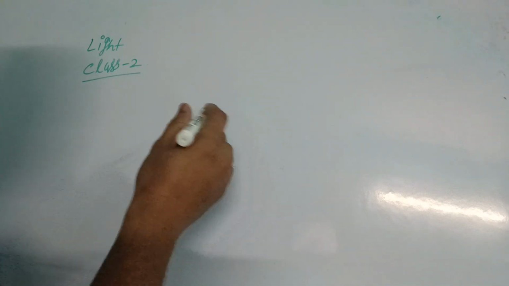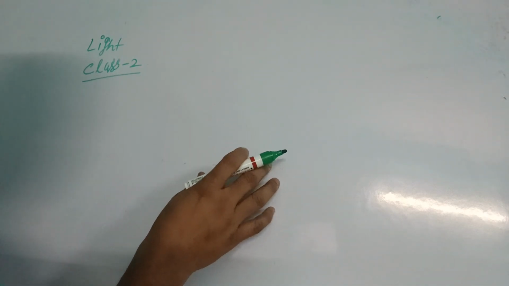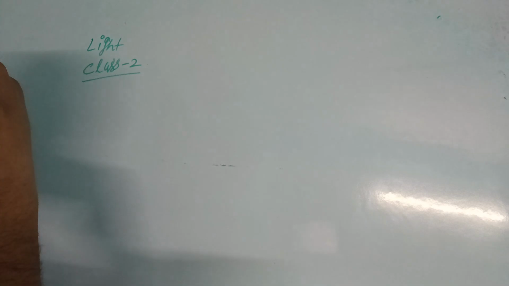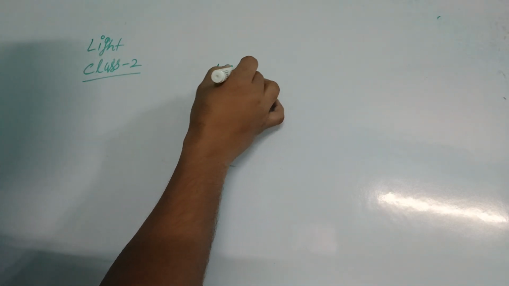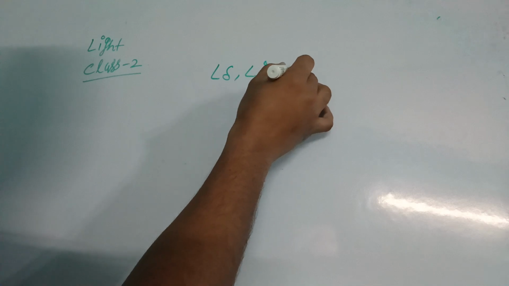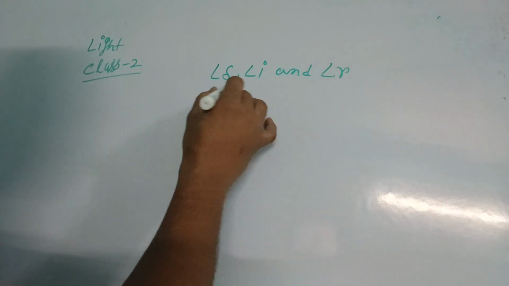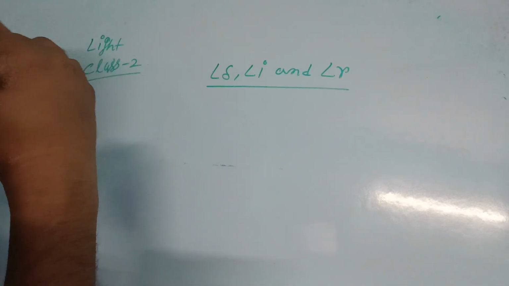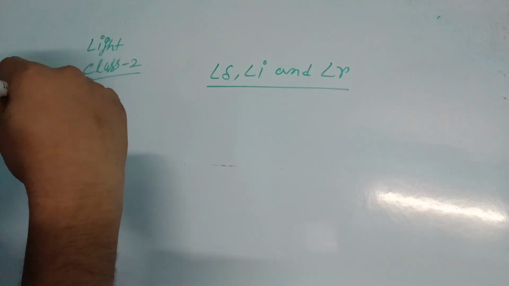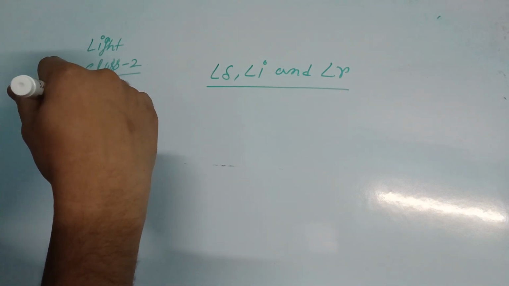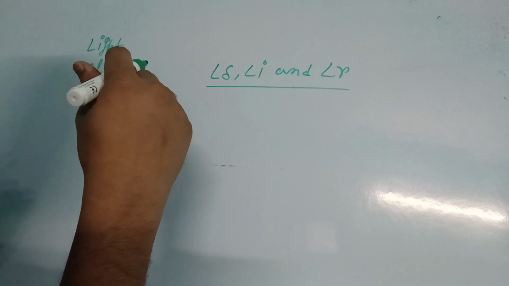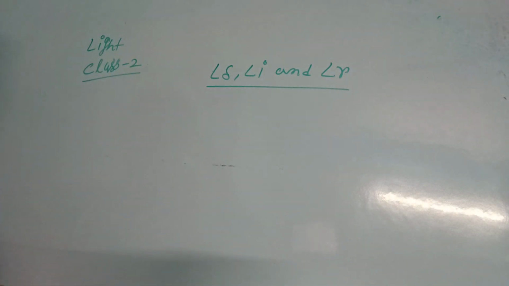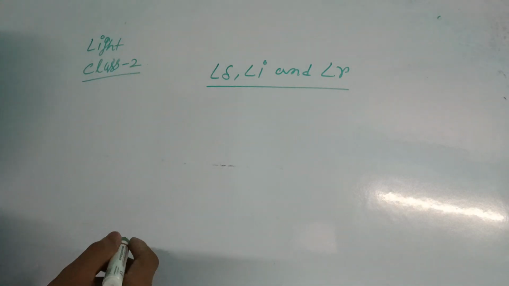Before finding the relation between angle delta, angle I, and angle R, at first let me explain one concept, one small trigonometrical, geometrical concept from geometry.